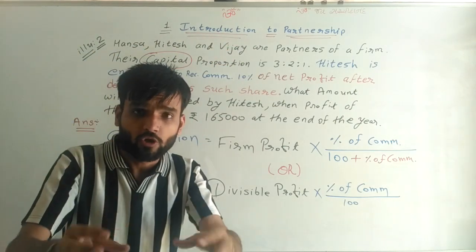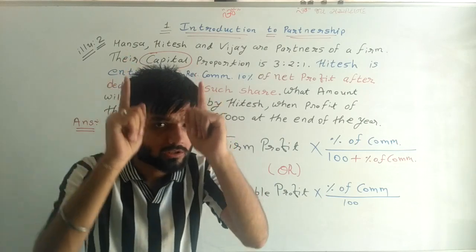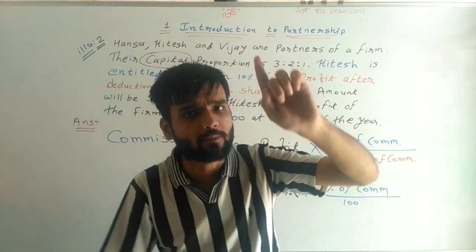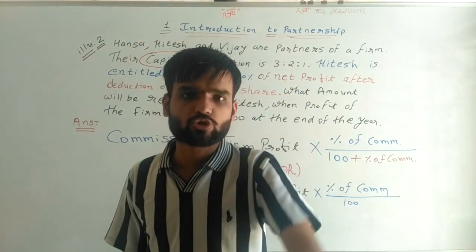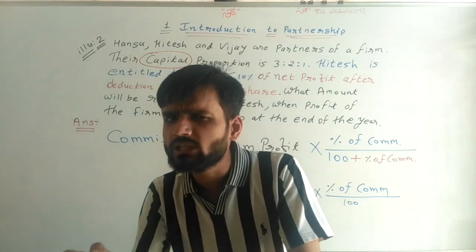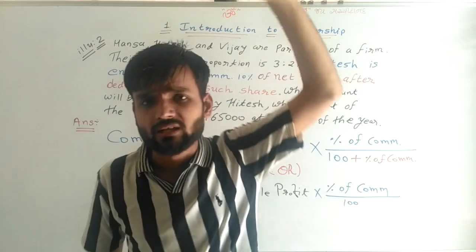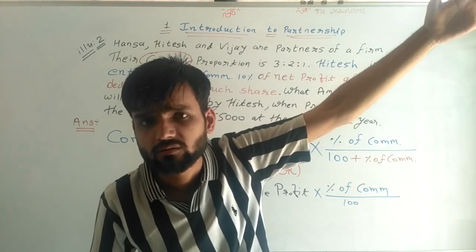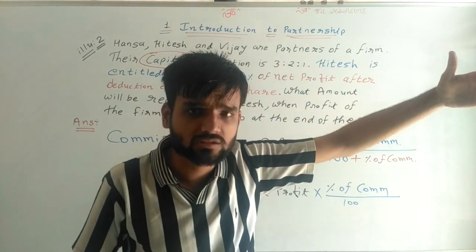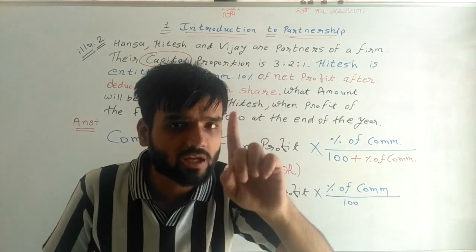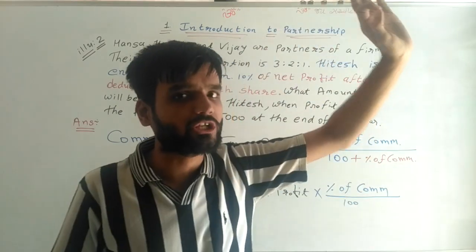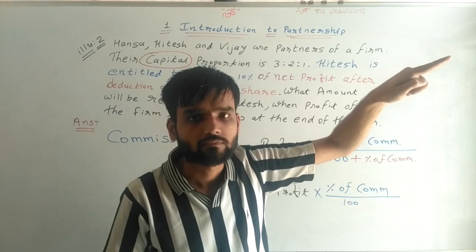Now, whenever there is no information about profit and loss proportion, then what should be the profit and loss proportion? Remember my lecture, past lectures, Partnership Act 1932. Remember it.